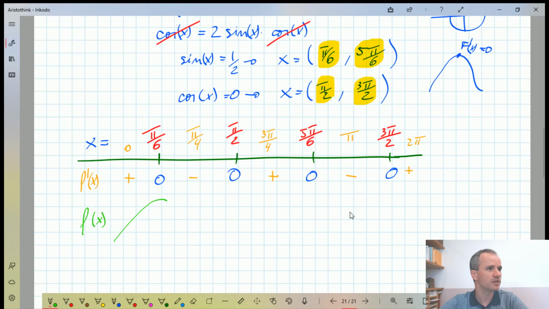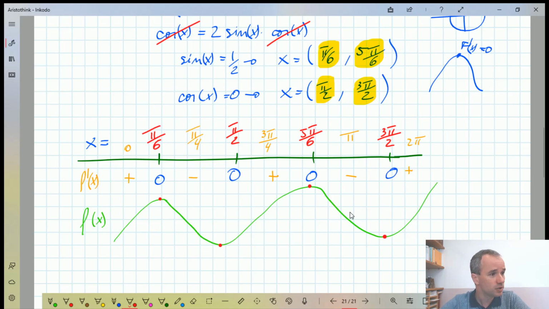Because now the derivative is 0. And now it's negative, going down. Stop going down. Stop going up. Okay? And now we'll have to account for something else. Those are the points where the derivative is 0.